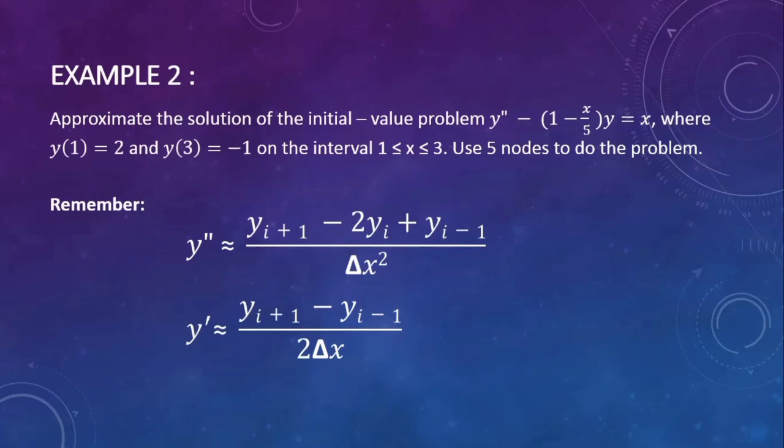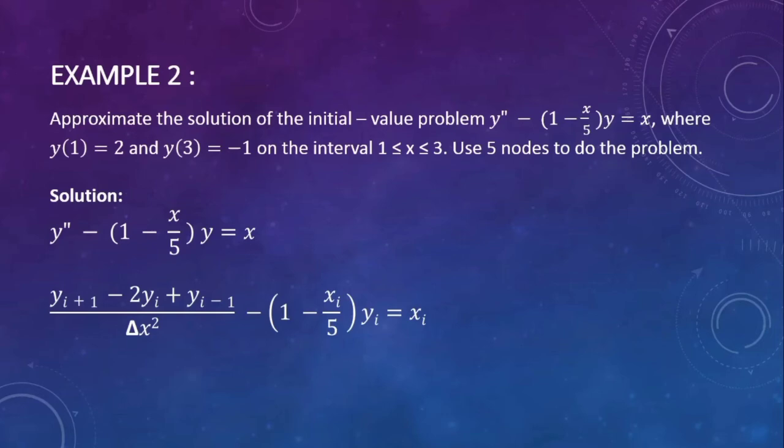Then the equivalent of y derivative is equals to y sub I plus 1 minus y sub I minus 1 over 2 delta x. In the problem, the given equation is y second derivative minus 1 minus x over 5 times y is equals to x.